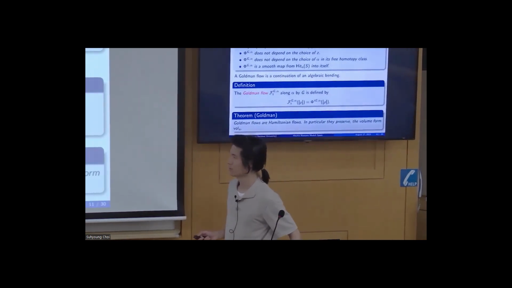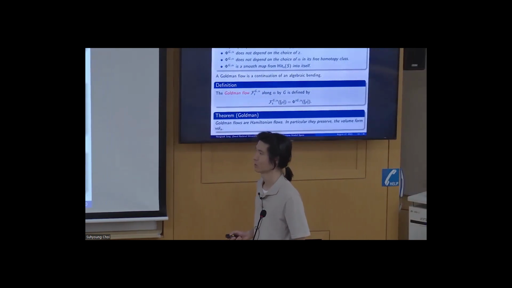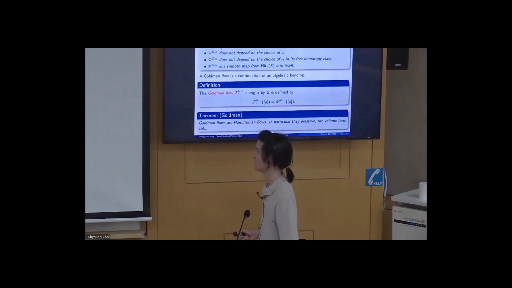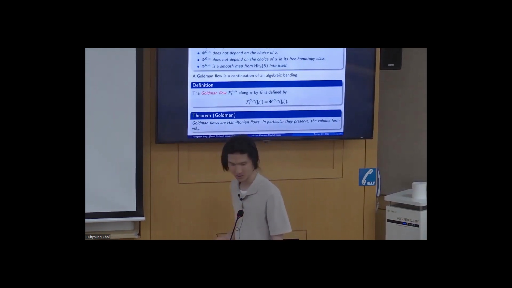Because Goldman himself proved that this Goldman flow is actually a Hamiltonian flow with respect to the Atiyah-Goldman symplectic form, or the symplectic form made by Guruprasad, Huebschmann, Jeffrey, and Weinstein. So in particular, this flow is volume preserving. That's the key point. That's the most relevant part to our talk.